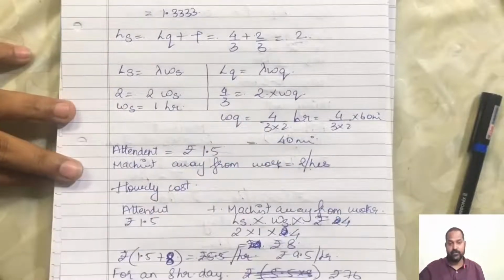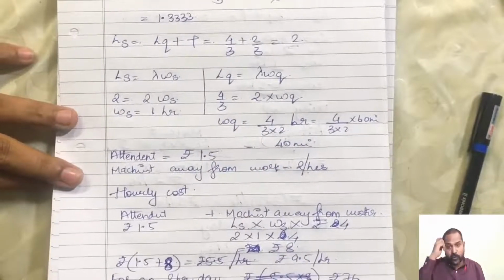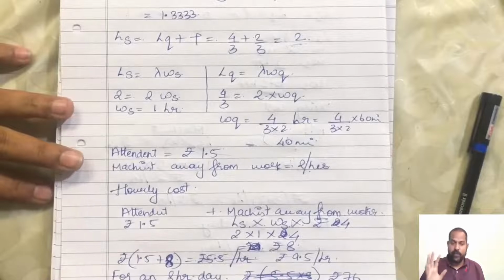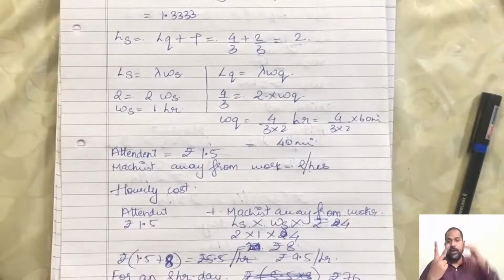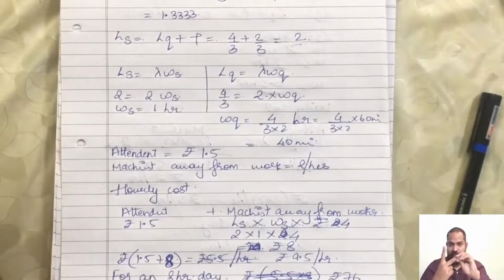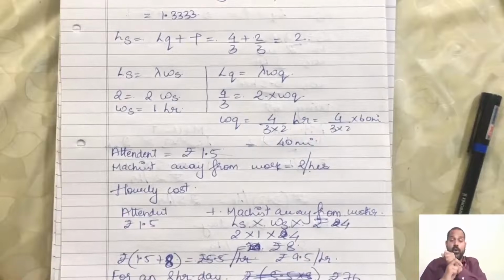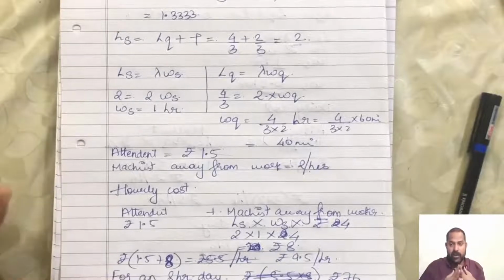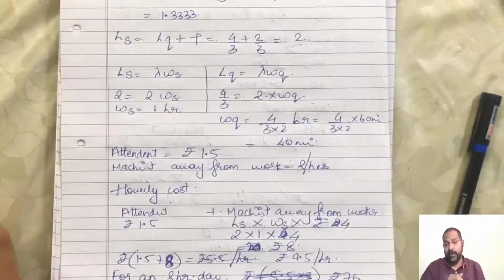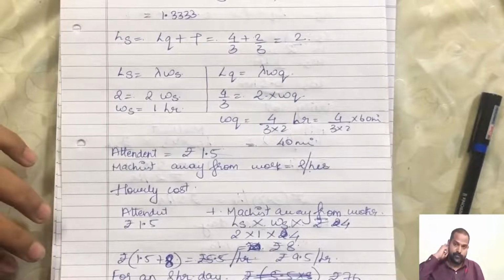Now when you ask me to calculate costs, every hour what am I paying for? I am paying for 2 things. Number 1, I am paying the attendant every hour. And number 2, on an hourly basis, I am paying the machinist, but he is being away from work. And that is the cost I have to calculate. How much cost am I incurring for him away from work?